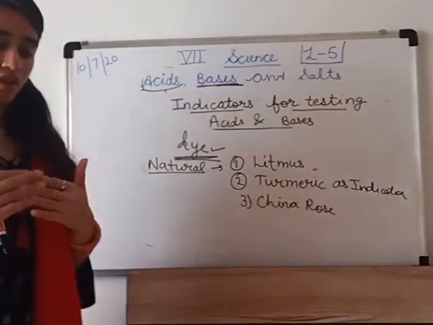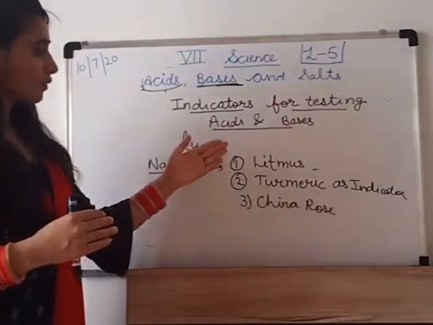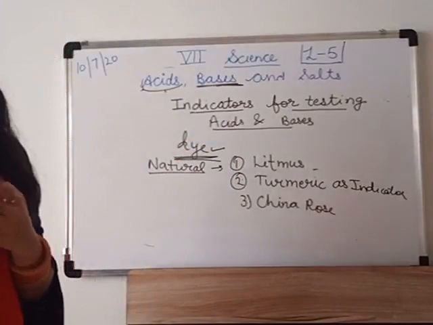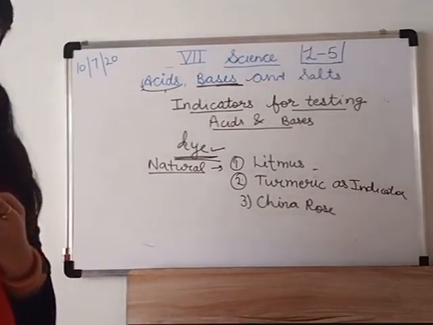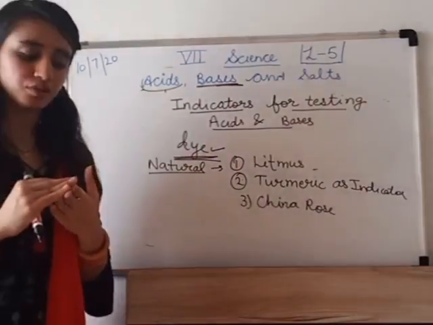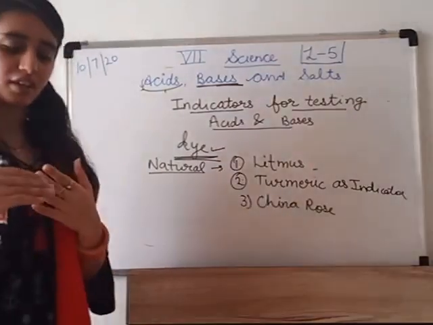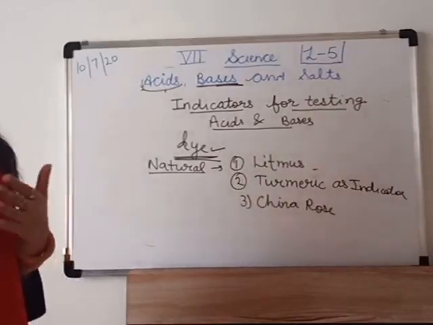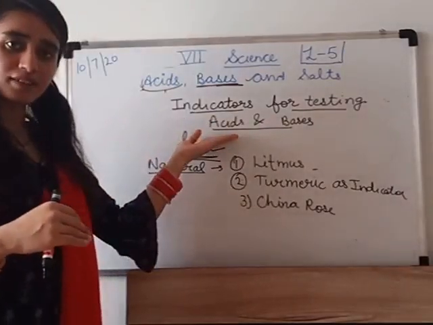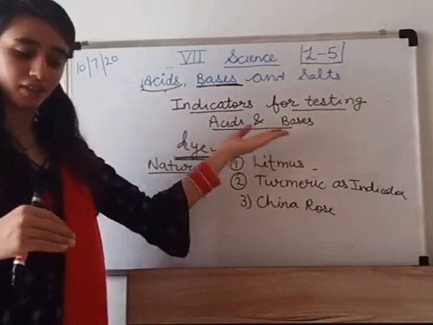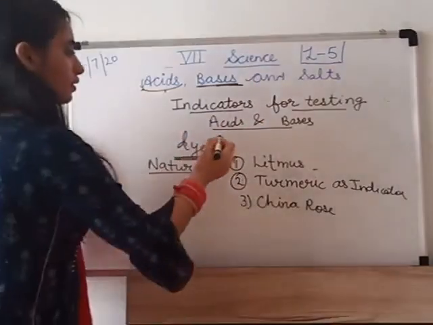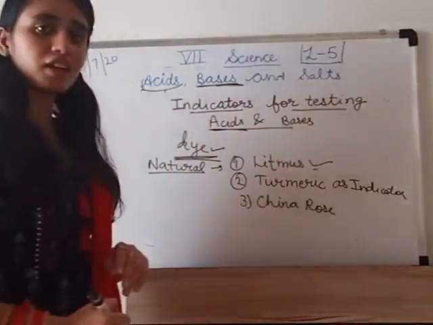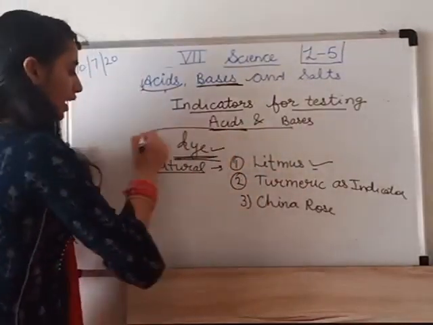When litmus is added to an acidic solution, it turns red, and when litmus is added to a basic solution, it turns blue. In this way we identify acids and bases through litmus paper.